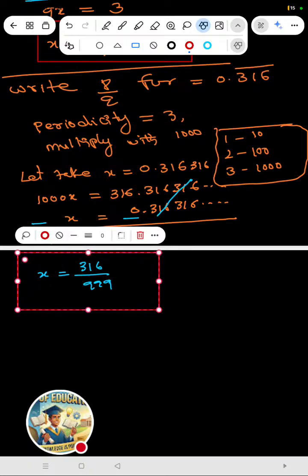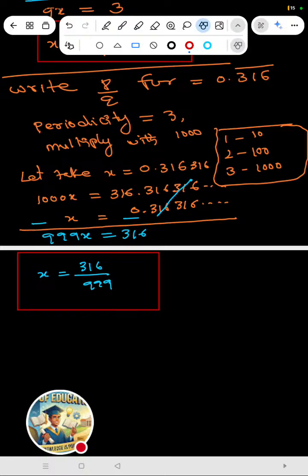These are also important. They will sometimes ask in bits for 2 marks, and sometimes they will also ask for 4 marks, like long questions.